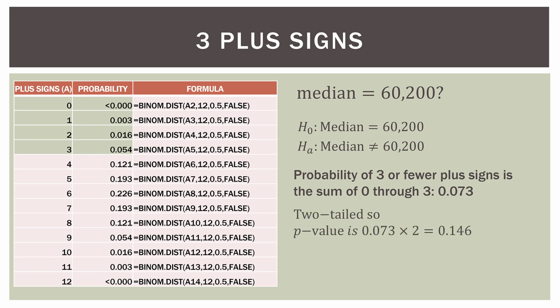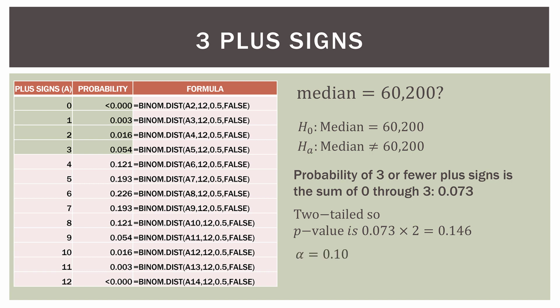Now, our test is two-tailed because we did not specify otherwise. So all we have to do is take that probability, the sum of 0, 1, 2, and 3, and multiply it by 2 because of the two-tailed nature of our test. When we do that, we get a probability of 0.146.